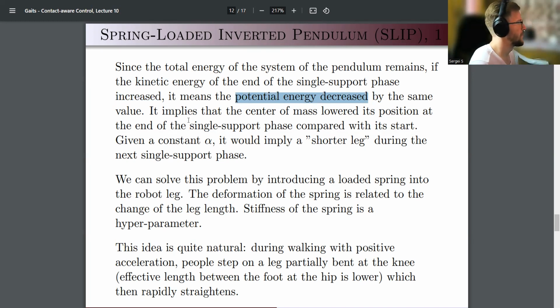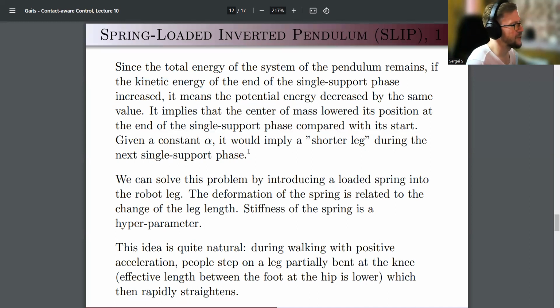Of course. It implies that the center of mass is lowered. So at the end of the phase, the center of mass is lower than at the beginning of the phase. So given a constant alpha, it would imply a shorter leg, as I was saying.